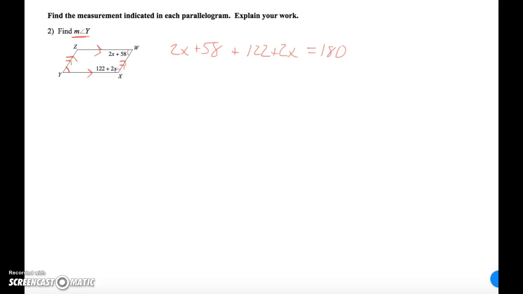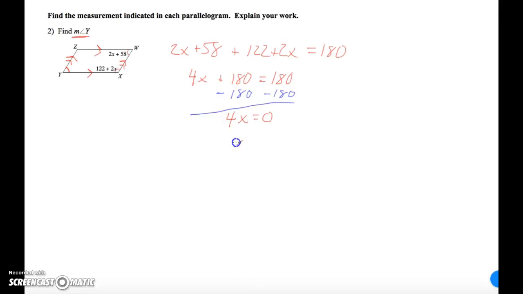So if we simplify here using some algebra, we can combine our like terms, and we get 4x plus 180 equals 180. So if we subtract 180 from both sides, we end up with 4x equal to 0.